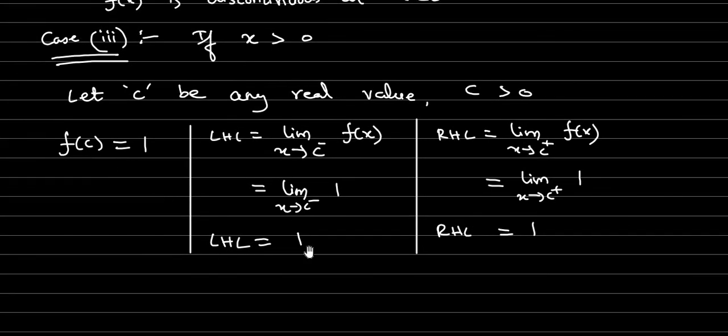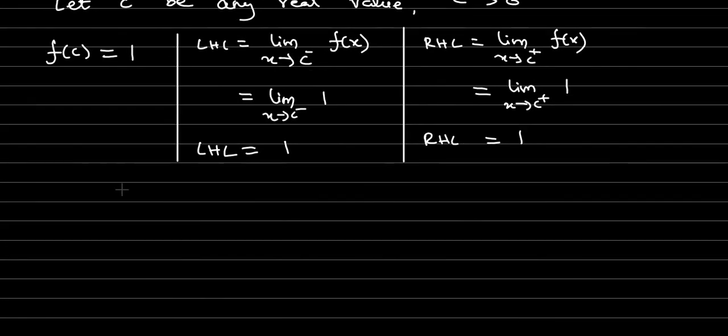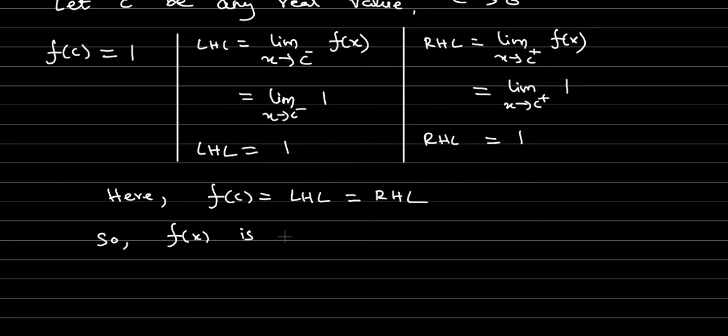Now here f of c, the left hand limit, and the right hand limit, all three results are the same. So f of x is continuous if x is greater than 0.